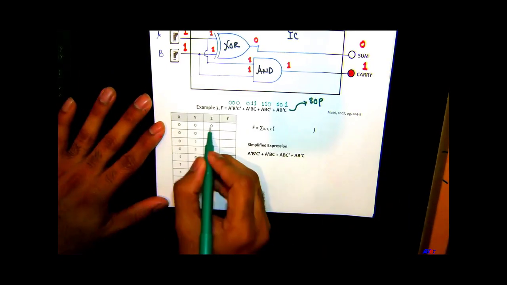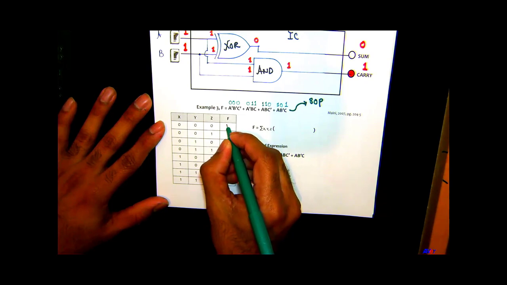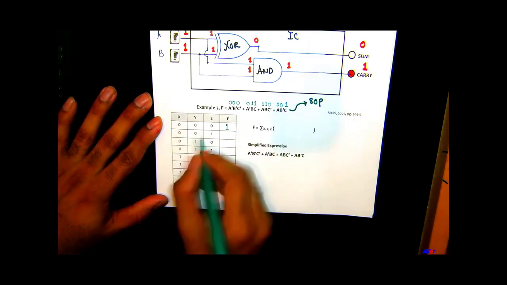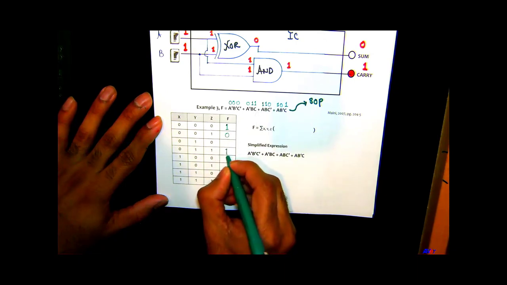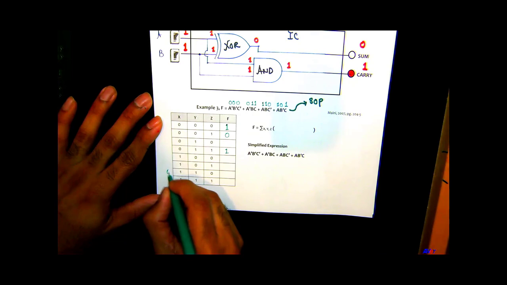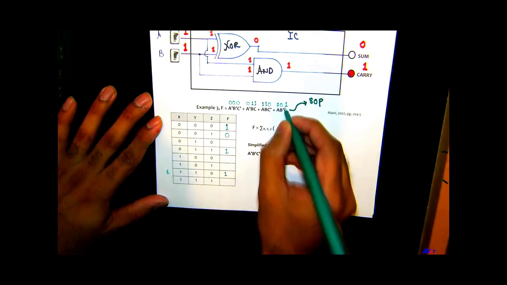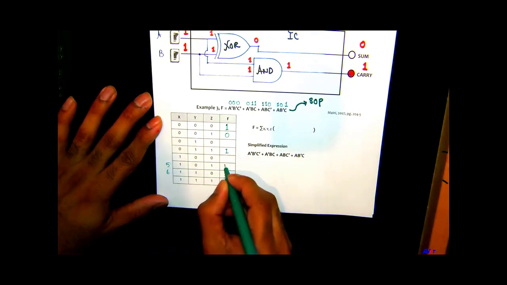Okay, now let's complete the truth table. For 0, 0, 0, f is going to be what? F is going to be 1 because it's in the expression. 0, 0, 1 is not here, so this will be 0. 3 is 1. 1, 1, 0 is 6. It's 1. And 1, 0, 1, which is 5, is also 1.